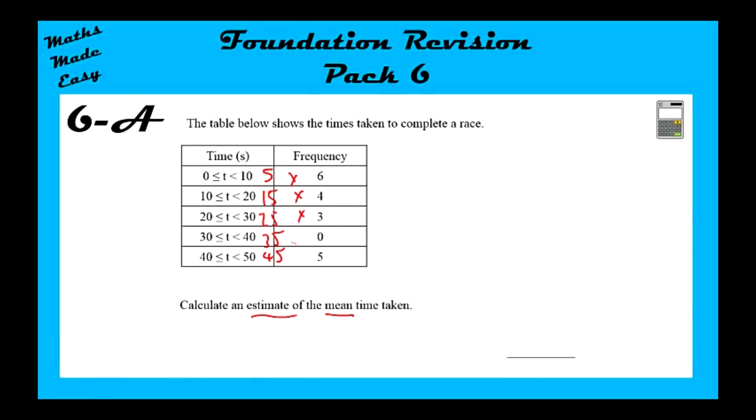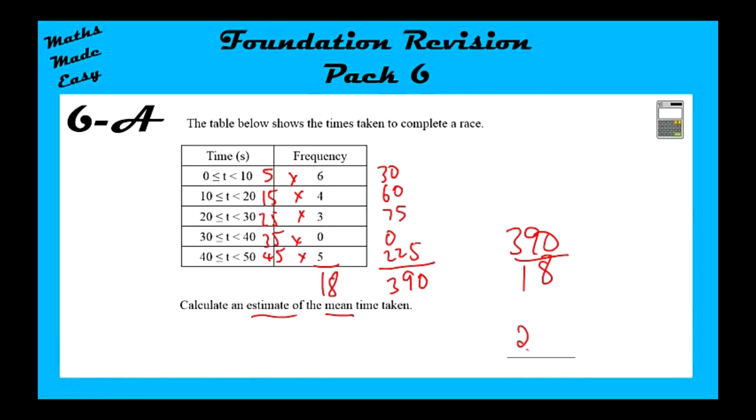Now we multiply these across and we get 30, 60, 75, 0 and 225. If we add all of those up, we're going to get 390. Then add up the frequencies and you'll get 18, and finally to calculate the mean, 390 over 18, which comes out at 21.7.